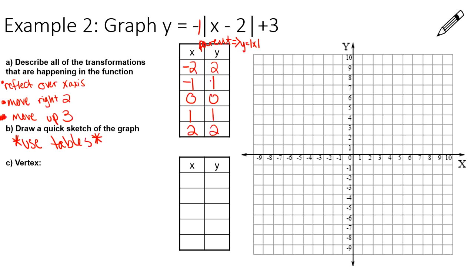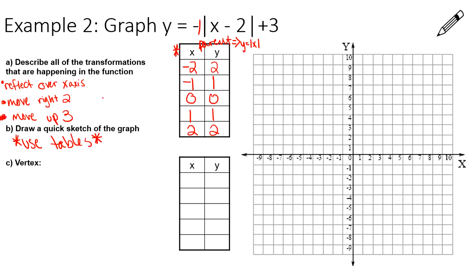So you're going to start with each one of these graphs by plugging in the same table. It's always going to start with this table. Always, always, always.